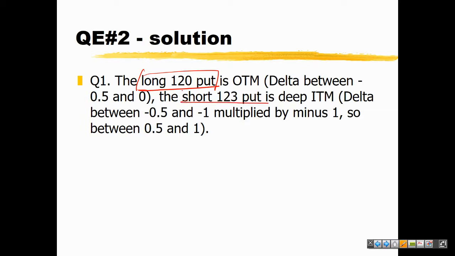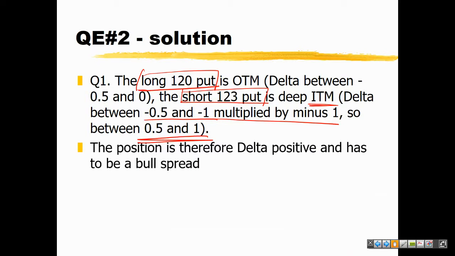Instead, the short 123 put, which is our delta positive position because it's a put option that I sell, is in the money. So it's going to have a relatively larger delta. It's a delta between minus 0.5 and minus 1 multiplied by minus 1, so it becomes a delta larger than 0.5. As a consequence, overall, the positive delta of the short 123 wins, and I'm delta positive.